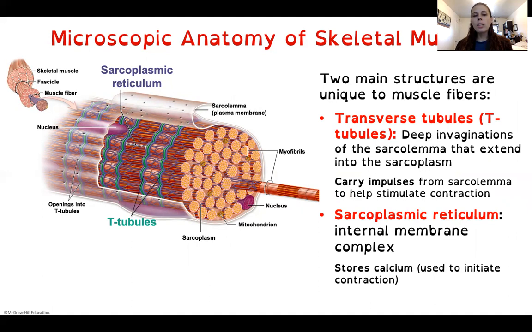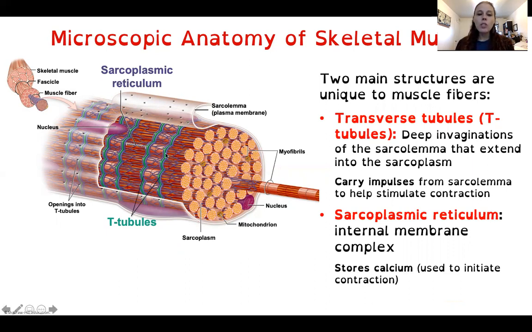For example, the sarcoplasmic reticulum is a modified version of an endoplasmic reticulum. For this particular cell, the sarcoplasmic reticulum does a different function, which is storage of calcium. So within the sarcoplasmic reticulum that you see in blue here, we have calcium. And calcium is really important because it helps with the contraction of the muscle.